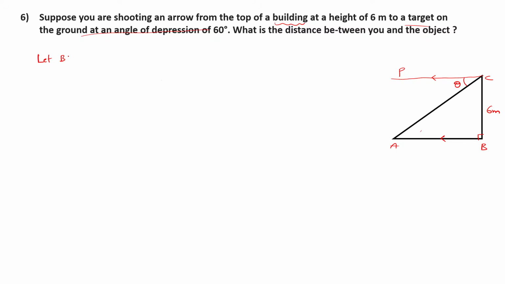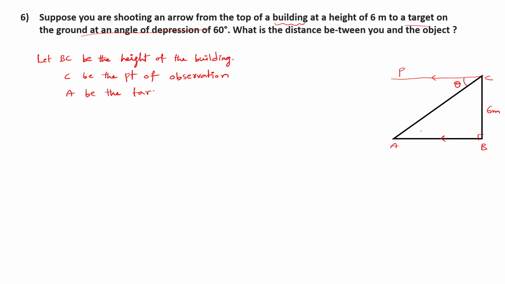Let BC be the height of the building, C be the point of observation. From point C, the observation is happening. Point of observation, and point A be the target.